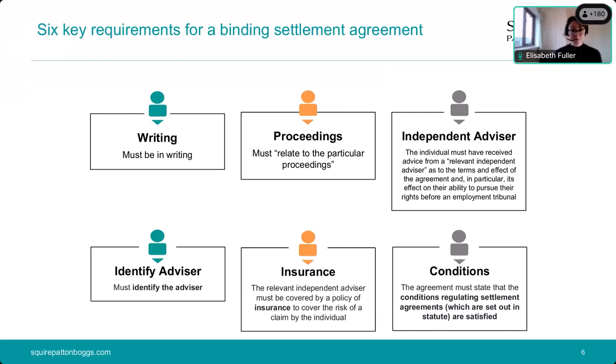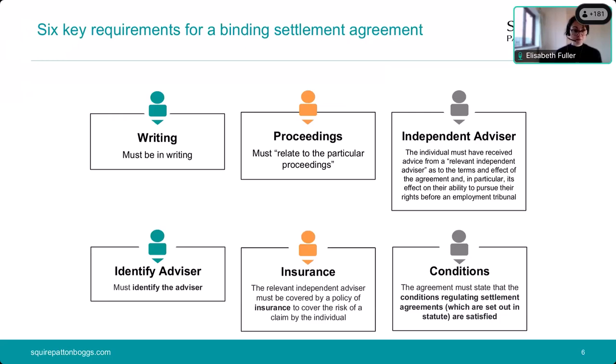So by way of example, if we go back to the employee who might have a claim for unfair dismissal, their settlement agreement would have to state that the conditions regulating settlement agreements under Section 203 of the Employment Rights Act have been satisfied, as the Employment Rights Act is the piece of legislation under which an employee can bring an unfair dismissal claim.